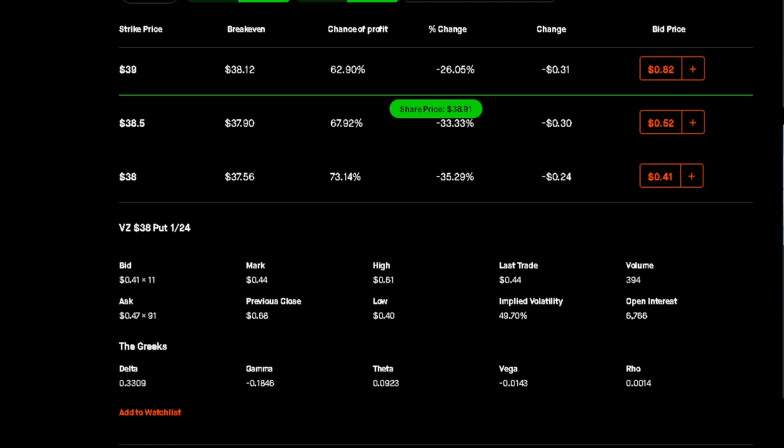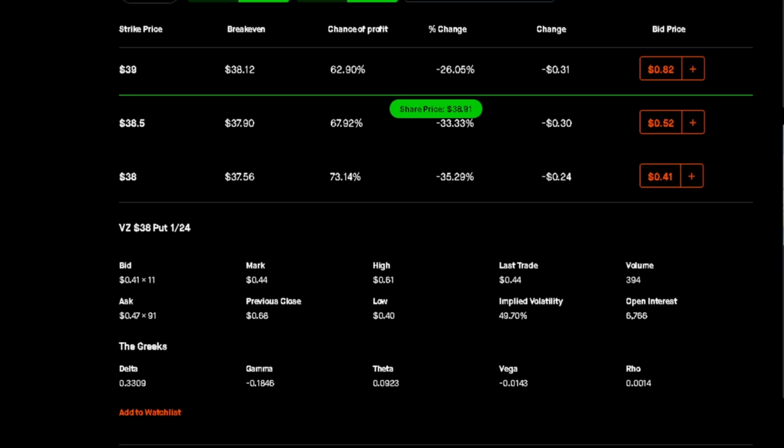For option sellers, selling options during periods of high implied volatility can be beneficial, as the premiums you collect are higher. However, this does come with a risk. If the volatility spikes even more after you sell the option, the price of the option could increase and you might face potential losses.